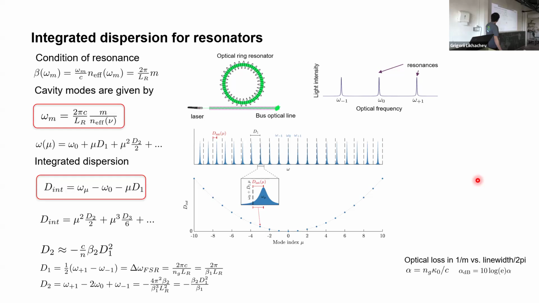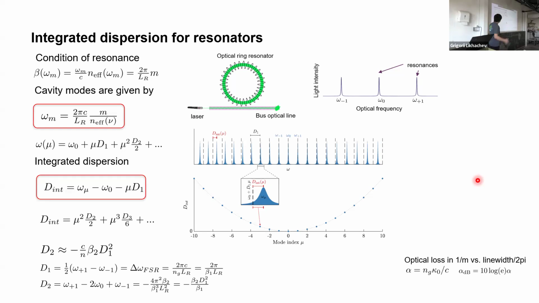Then you can conversely solve for the omega where the resonance happens, once you know how the effective index relates to frequency, basically the dispersion profile. Once you know that, you can compute where the resonances are, and check how far they are apart from a regular grid that has a separation called the FSR, free spectral range.